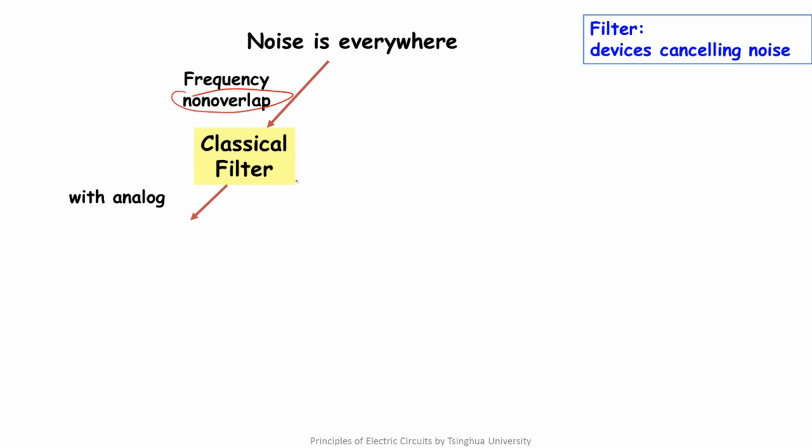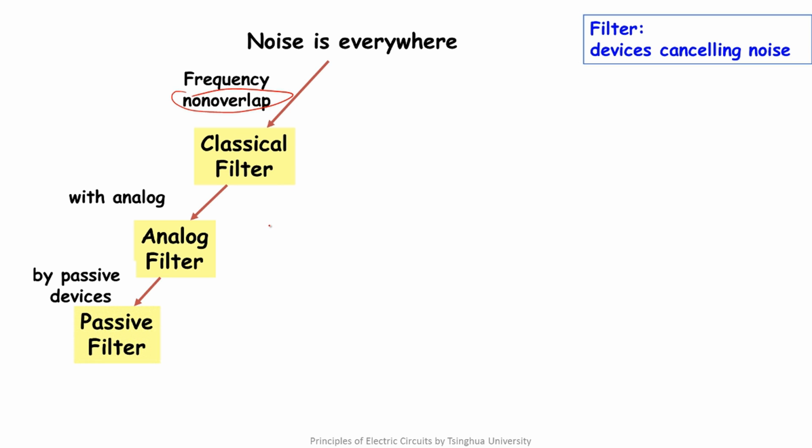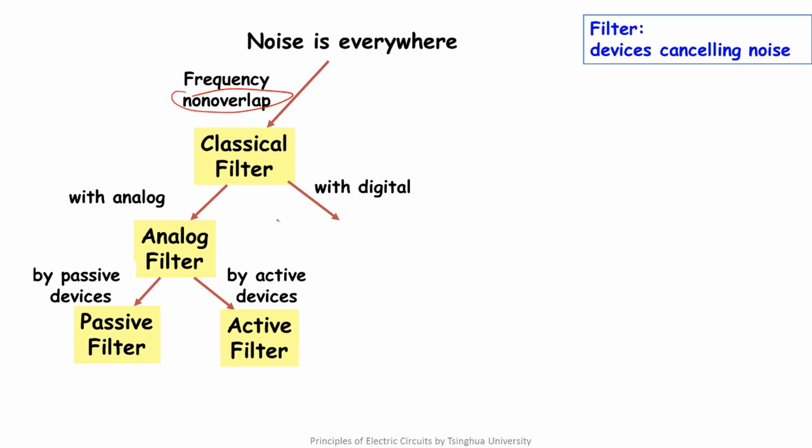If the filter is implemented by using an analog system, it is called an analog filter. If the analog filter is implemented by passive elements, it's called the passive filter. If it's implemented by active elements, it's called the active filter. If the classic filter is implemented by digital system, it's called a digital filter.